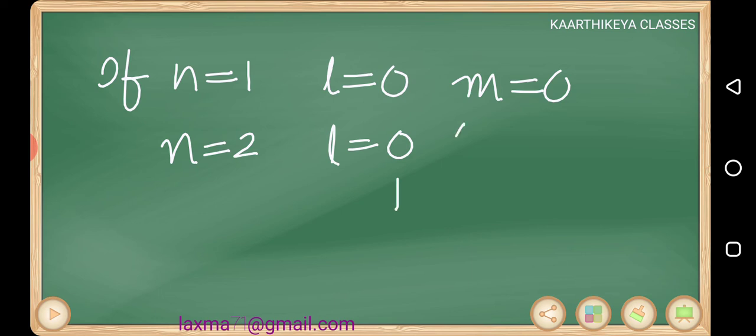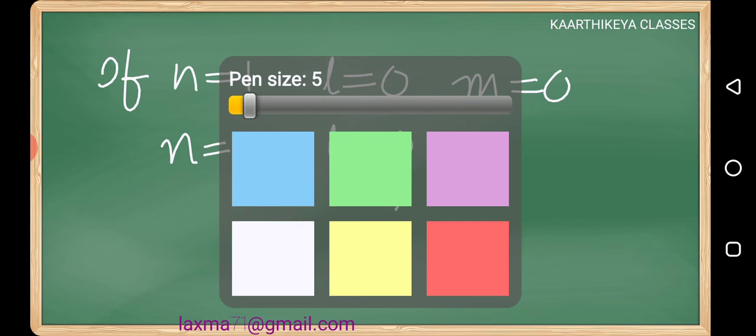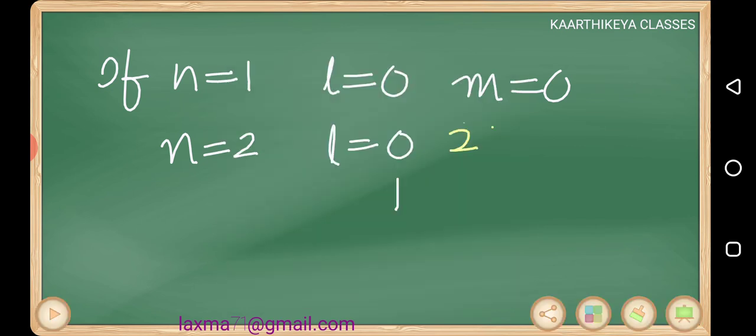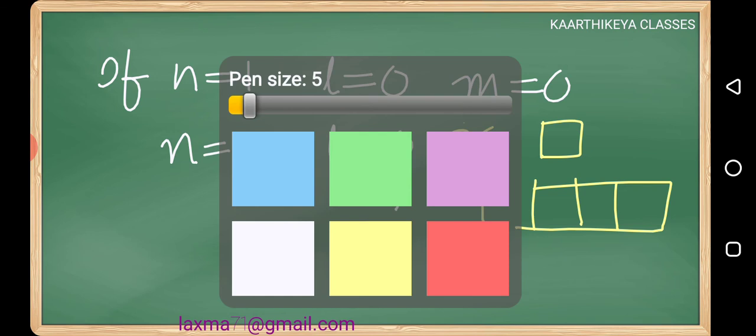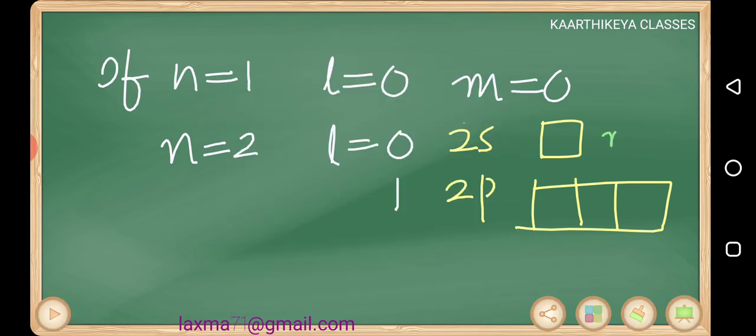When it is 0, this is the 2s orbital, and this is the 2p orbital. For 2s, only one box; for 2p, I am writing 3 boxes, you consider 3 orbitals. Here the m value is 0, no other question, but here the m values are minus 1, 0 and plus 1. Now the question comes: which orbital should be given minus 1, and which plus 1?